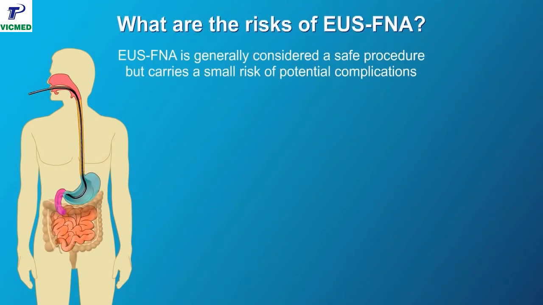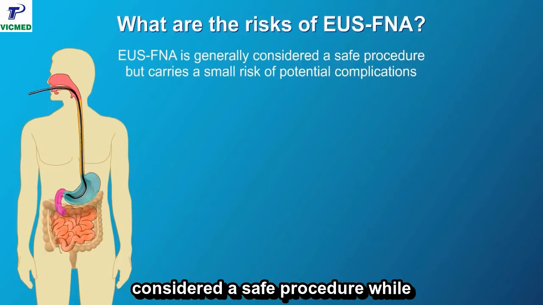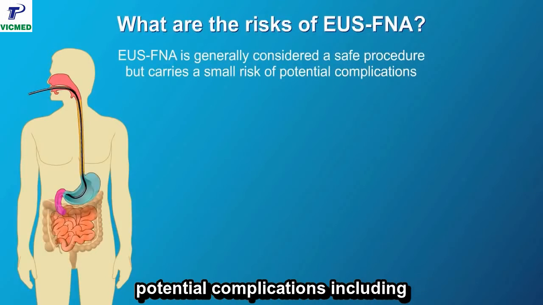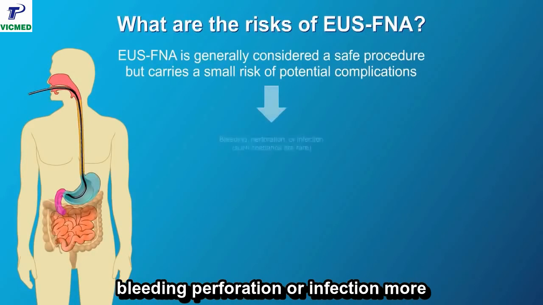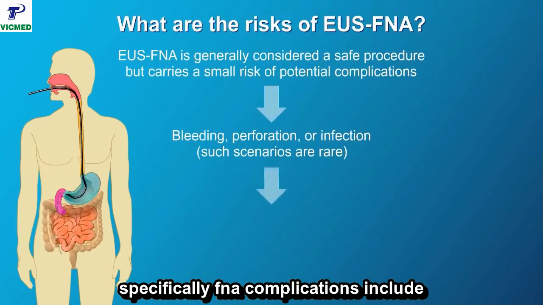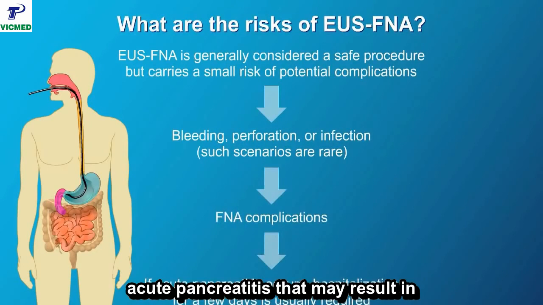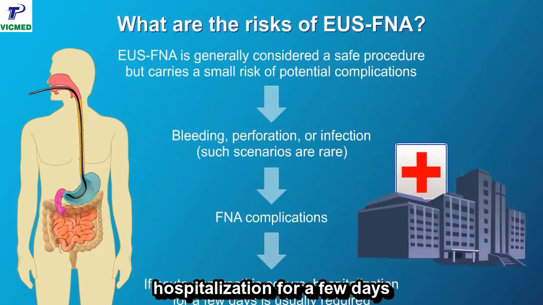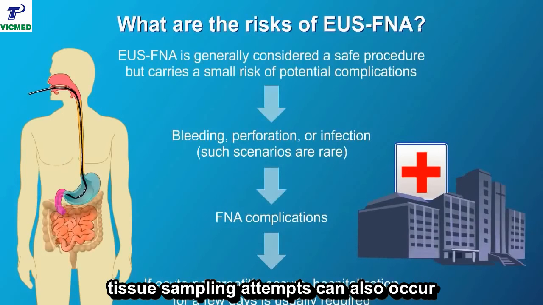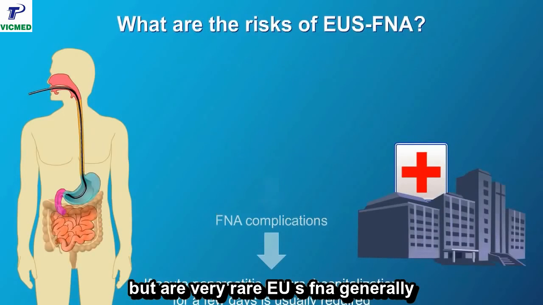While EUS-FNA is generally considered a safe procedure, while infrequent, it does carry a small risk of potential complications, including bleeding, perforation, or infection. More specifically, FNA complications include acute pancreatitis that may result in hospitalization for a few days. Pancreatic bleeding or infection due to tissue sampling attempts can also occur, but are very rare.